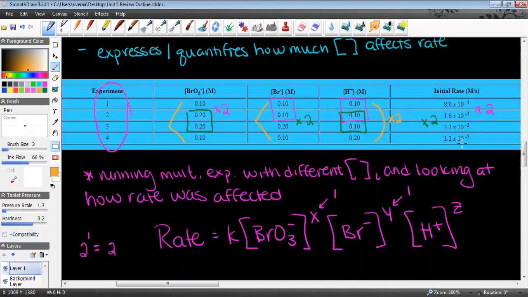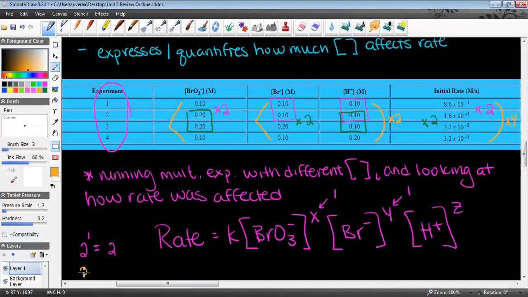So 3.2 to the negative, oopsies, 0.2 divided by 8. It quadruples, okay? So here, the rate gets multiplied by 4.